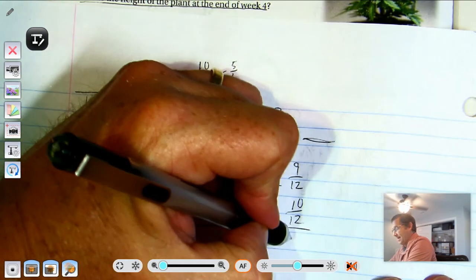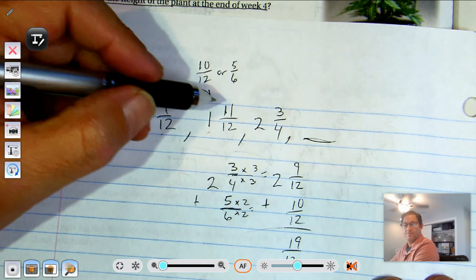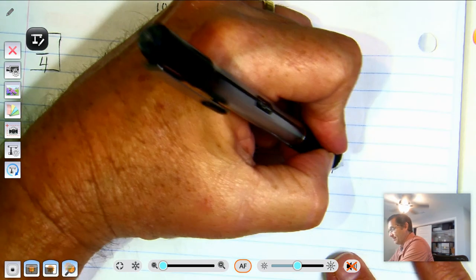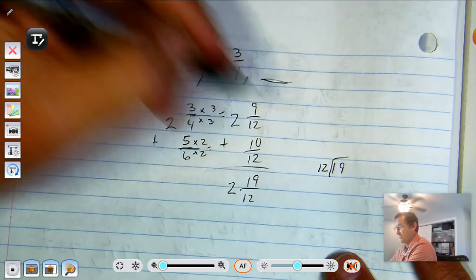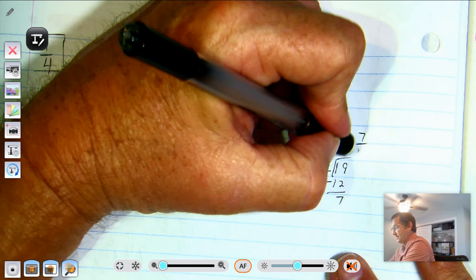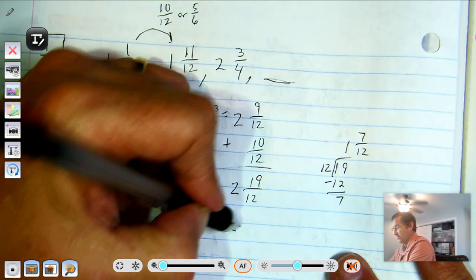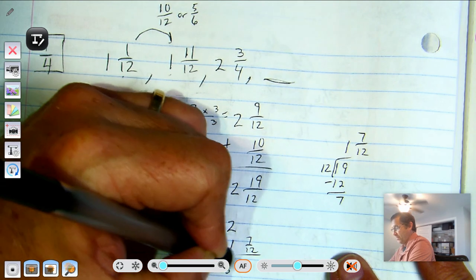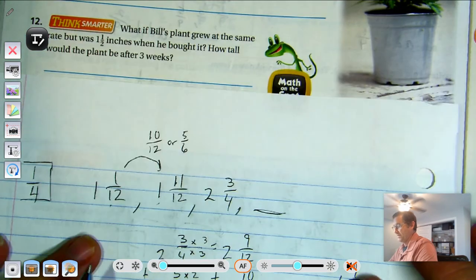So 10 plus 9 is 19/12, and 2 plus nothing is 2. I can't leave 19/12 like that, so I'll divide 19 by 12, which is 1. Subtract, I'm left with 7. So 1 and 7/12 plus 2, 3 and 7/12 inches.